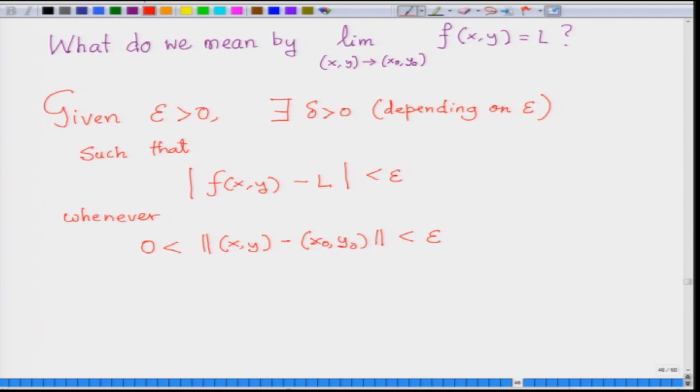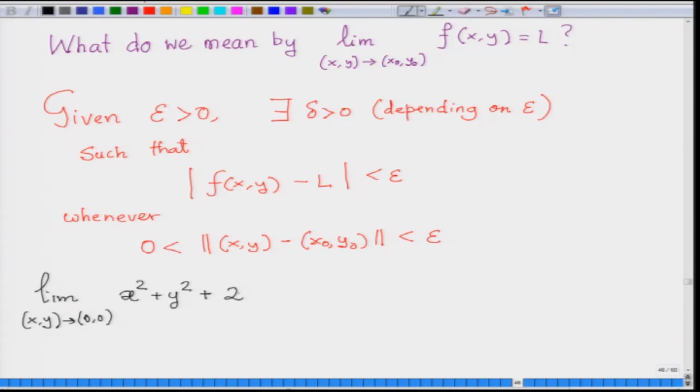So, for this I have to use the norm because we are in 2 dimensions, we do not have just mod. Here we are dealing with real numbers, f(x, y) is a real number, right. So, how do I do this? Given this, this is the definition, right. So, if you for example try to find the limit as (x, y) tends to (0, 0) of x square plus y square plus 2.